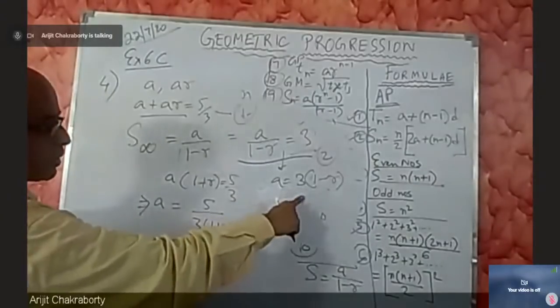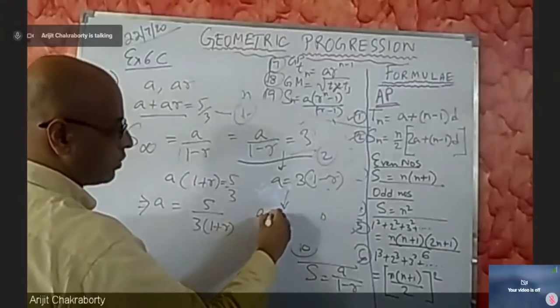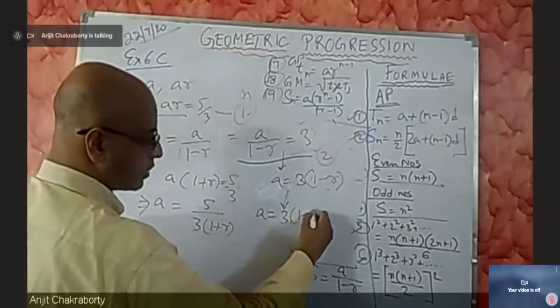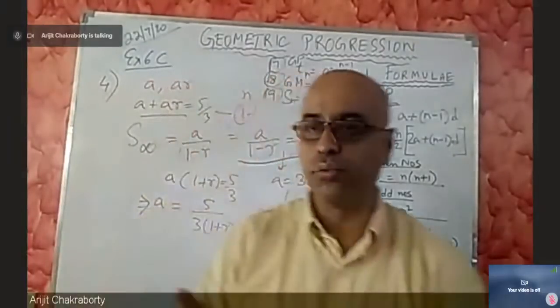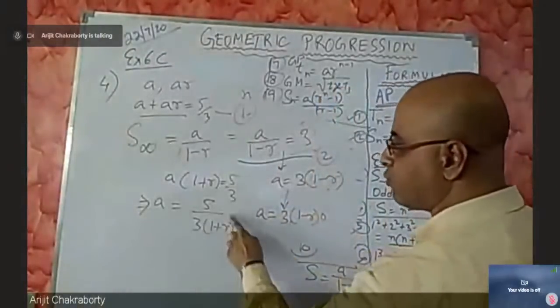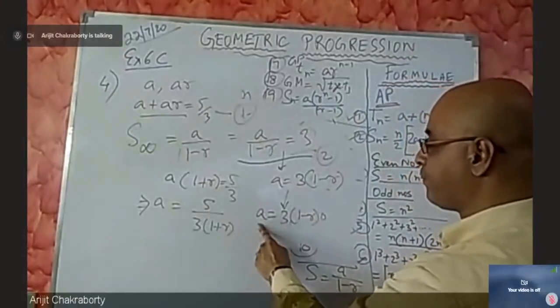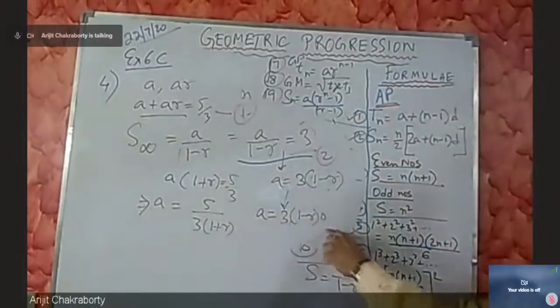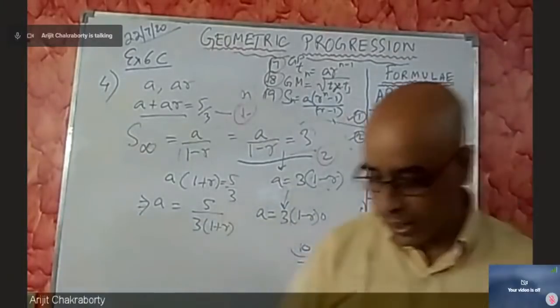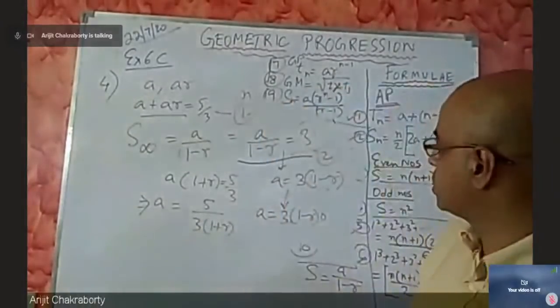And from the second equation, you get A equal to 3 into 1 minus R. So we are getting two values of A, and let's equate them.